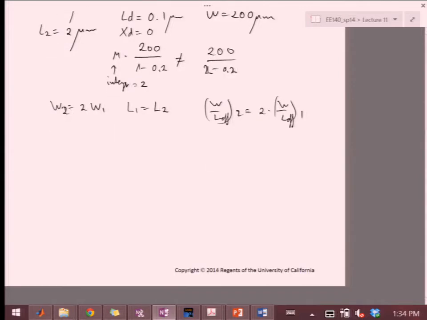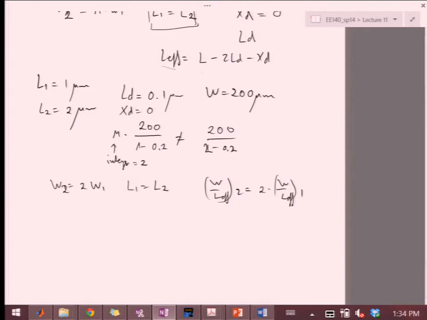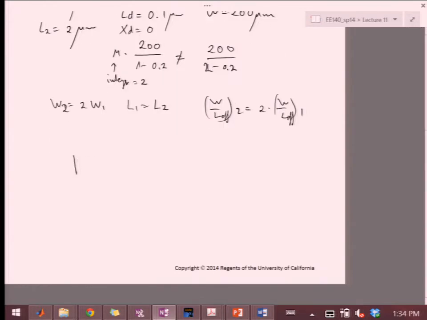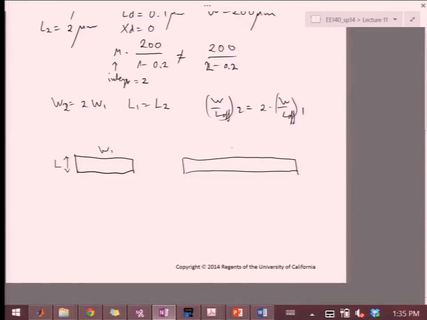However, the problem is when you actually do fabrication and you look at the transistor. If this is my L and this is my W, and then I build one that is twice that much, something crazy is going on.